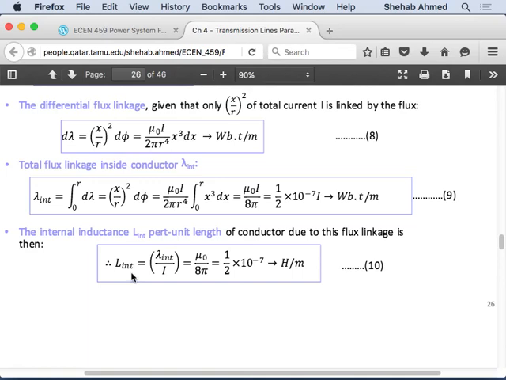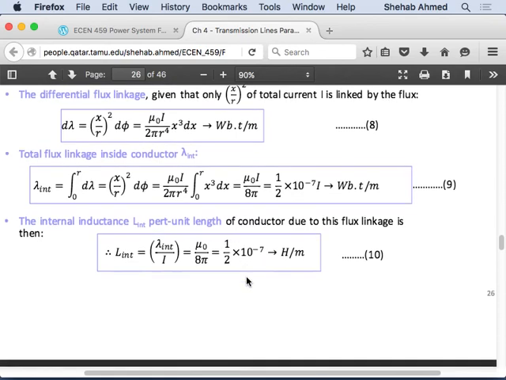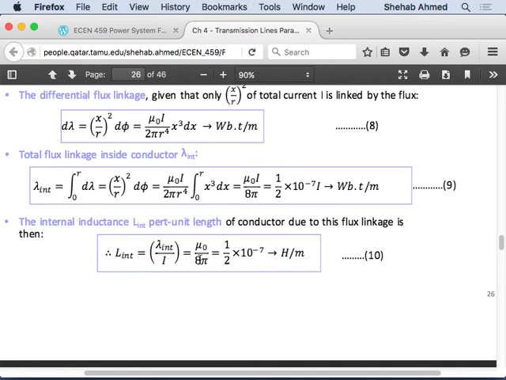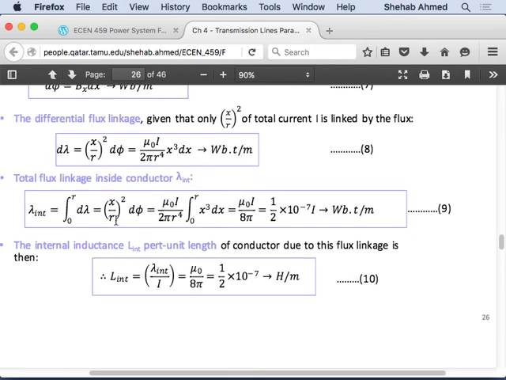This inductance is due to the magnetic field, internal and external. So it's like two series inductors, which is like two series resistances, you just add them. What we did was calculate L due to the internal magnetic field. Then we will do the exact same process, but we will not have this issue of x over r squared at all.